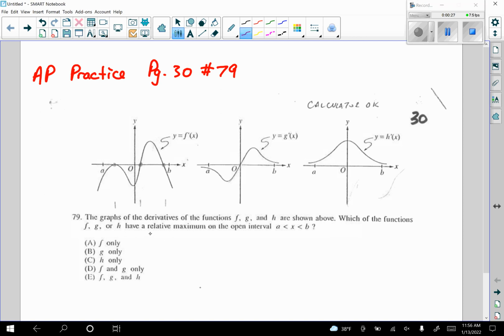So we get a relative max when our derivative changes from positive to negative.